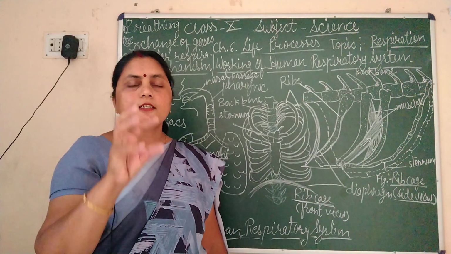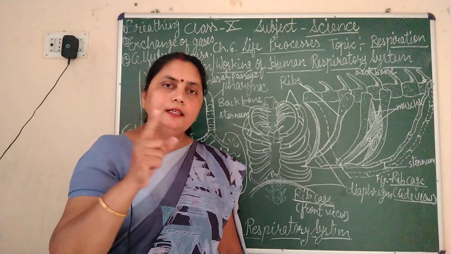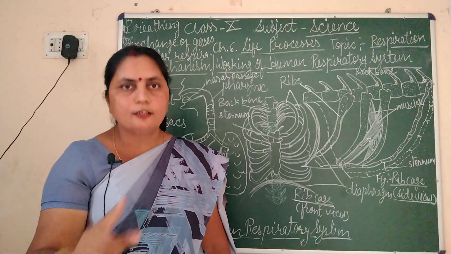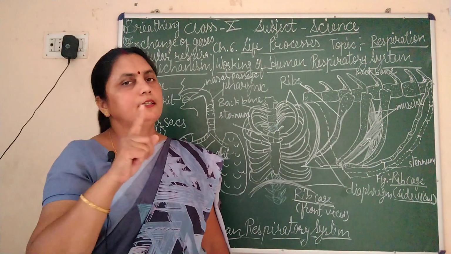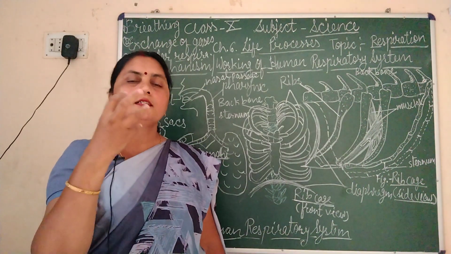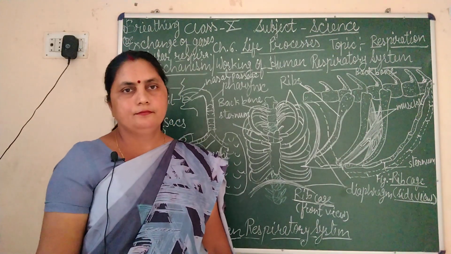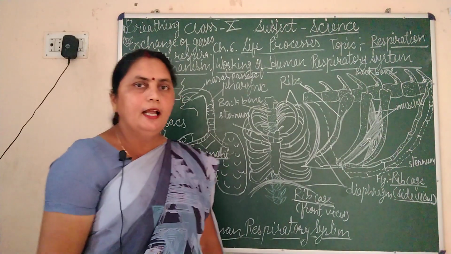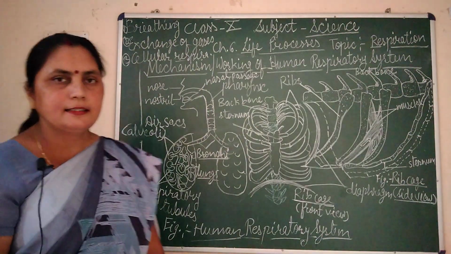That is, the concentration of carbon dioxide in air filled in air sacs is less than the concentration of carbon dioxide inside the blood which is filled in blood capillaries. As a result, the carbon dioxide will diffuse out into the air which is filled in air sacs. So these two phenomena are taking place together, and this is known as exchange of gases, the second step.